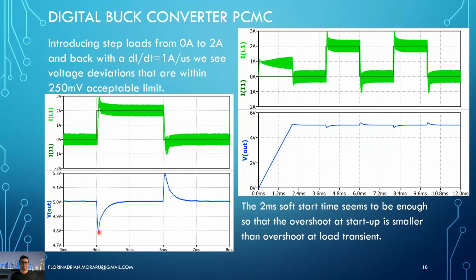So the voltage drops from 5 to 4.8 and then goes up from 5 to 5.2 volts. And those are acceptable limits. We have a 250 millivolt maximum voltage deviation at the step load, so we are okay from this perspective.